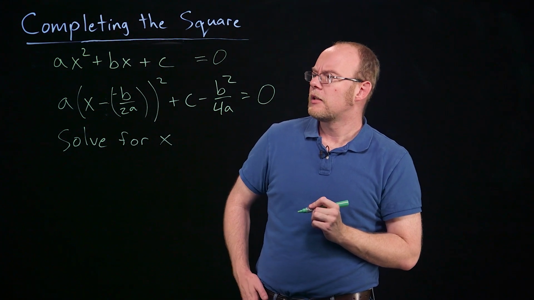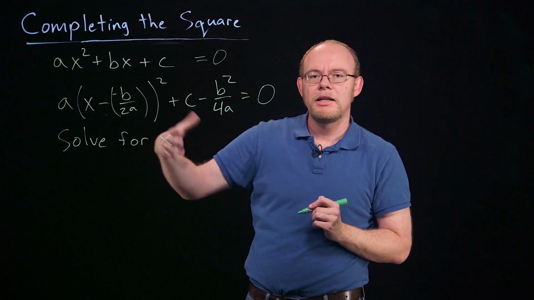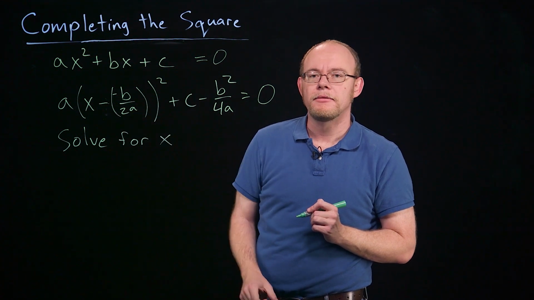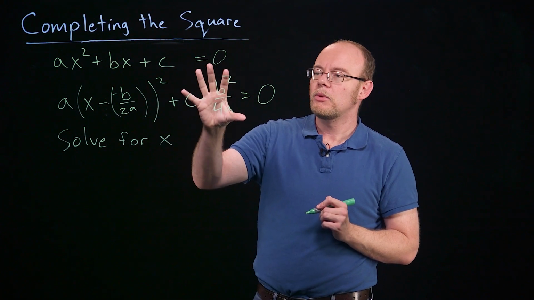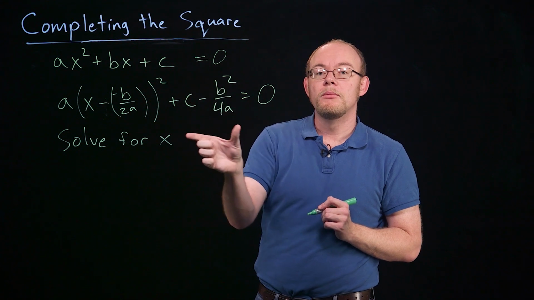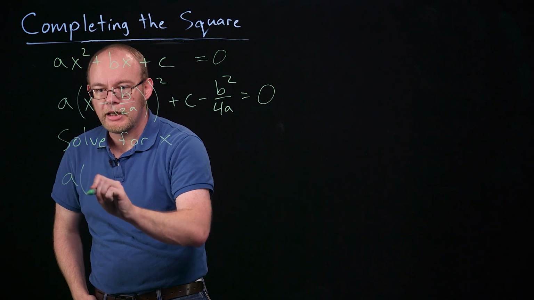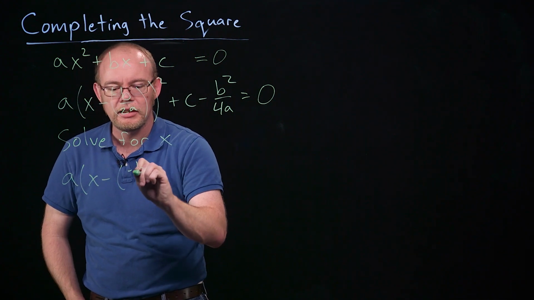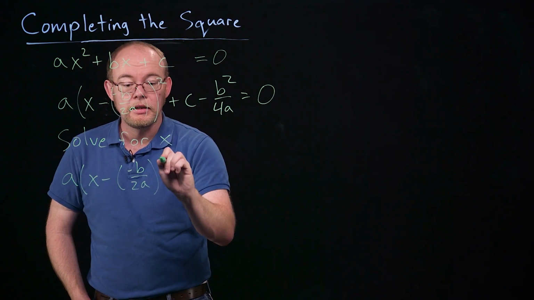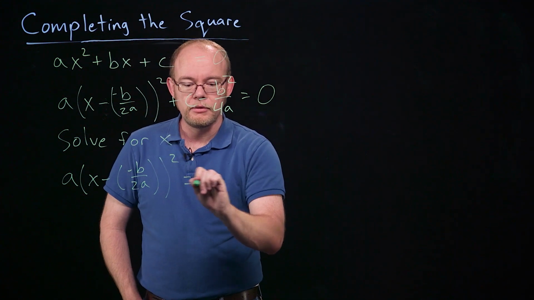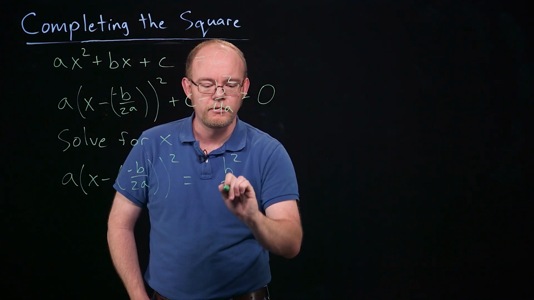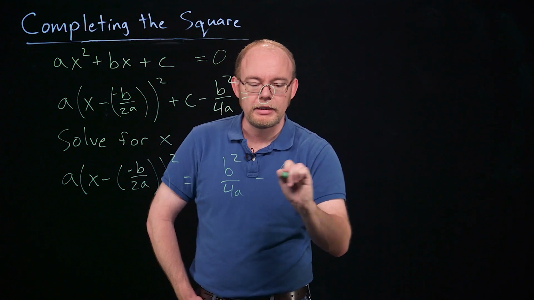Now, how do we solve for x? Well, if we look at this, we have an x inside here, and so we need to get it out by itself. So we're going to take this c minus b squared over 4a, and we're going to move it to the right side by subtracting it from both sides. And if we do that, we get a times x minus negative b over 2a, whole quantity squared, is equal to b squared over 4a minus c.